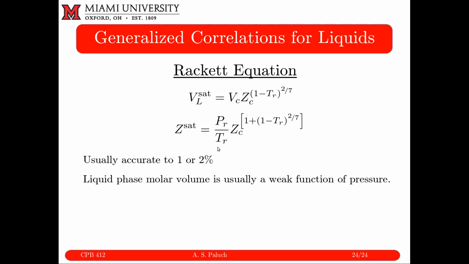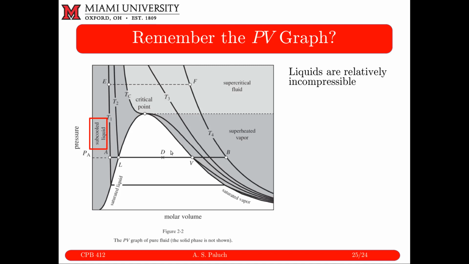If you think back to our PV phase diagram from when we first started, as long as I'm at low temperatures, dV/dP at constant T is essentially 0. As my temperature increases, that changes a little bit.